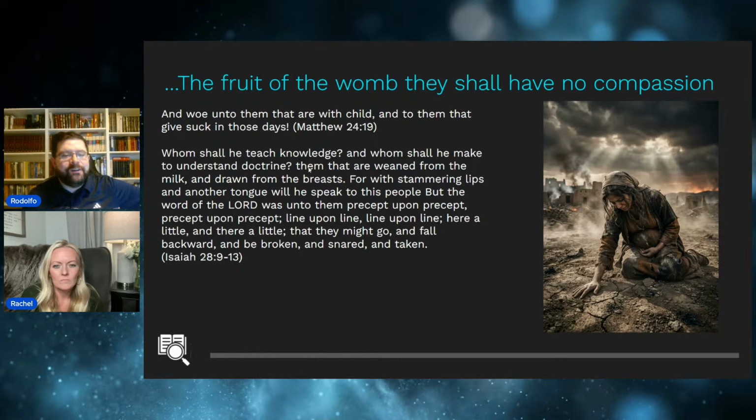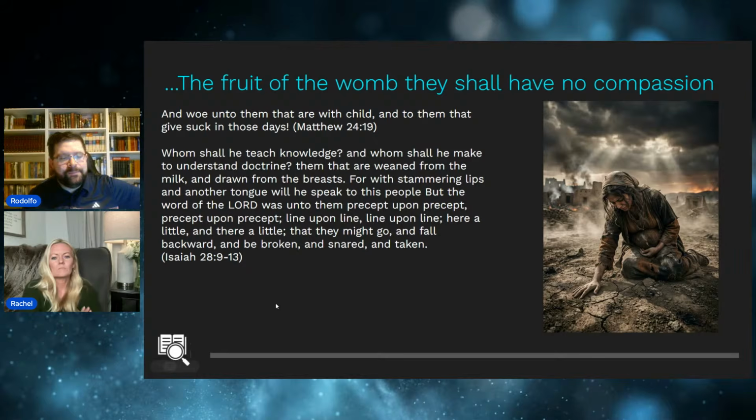And he's speaking about his people here directly. "For with stammering lips and another language will he speak to this people. But the word of the Lord was unto them precept upon precept, precept upon precept, line upon line, line upon line, here a little, there a little, that they might go and fall backward, and be broken, and snared, and taken." That's kind of the Hebrew.